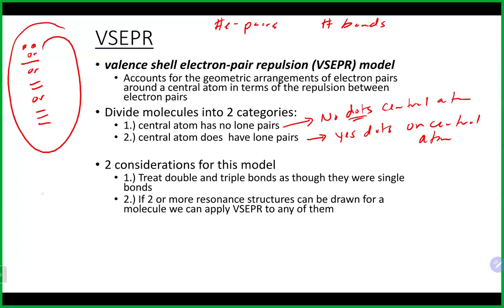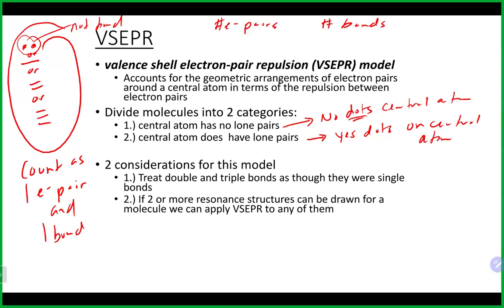All of these things count as one electron pair and one bond. Obviously, a lone pair doesn't count as a bond, but it does count as an electron pair. So a single bond, a double bond, a triple bond all just count as one when you're doing geometry, and all electron pairs count as one as well. So everything pretty much counts as one, and that's a really important thing to remember when you're doing geometry.